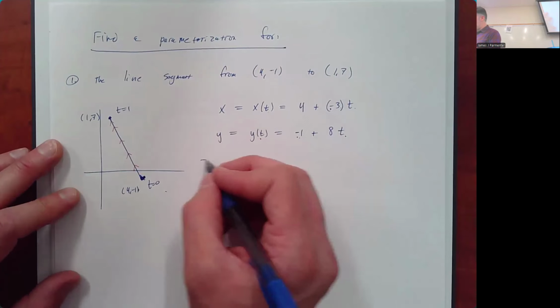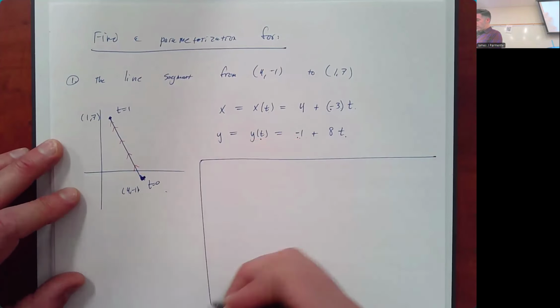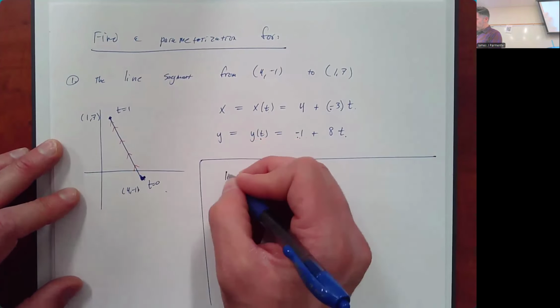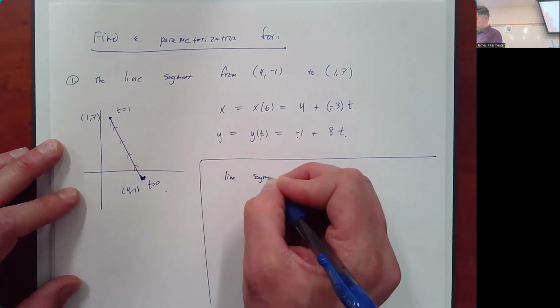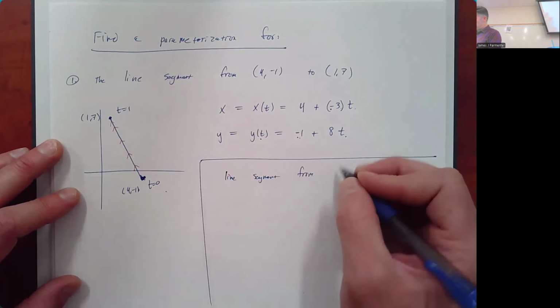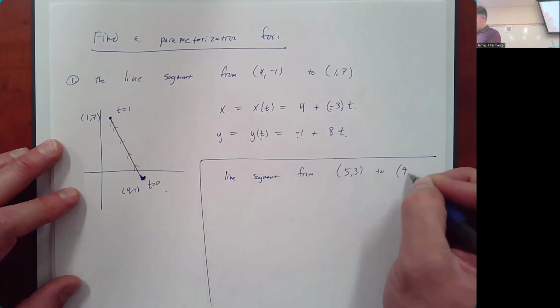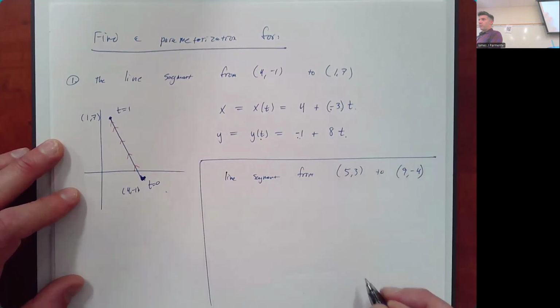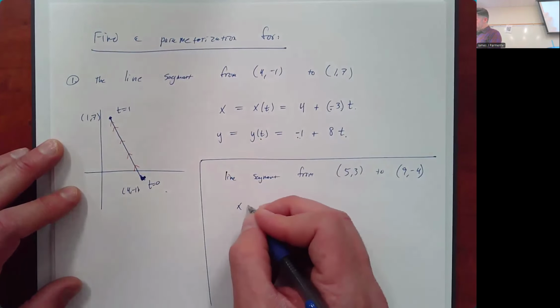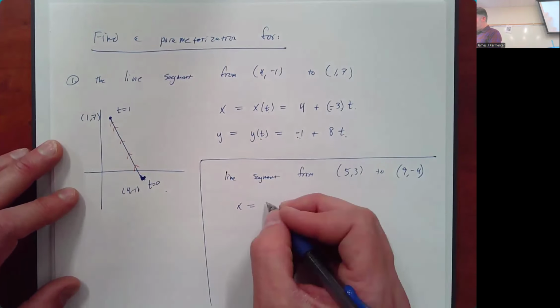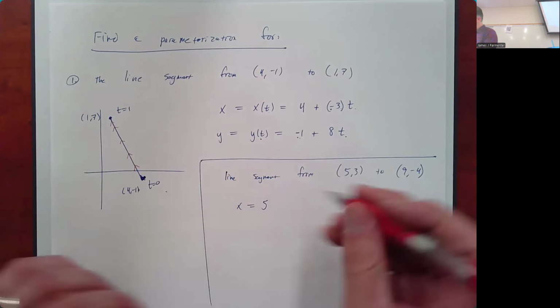In a very similar way, we can do the same thing for the line segment from (5, 3) to (9, -4). You say, well, great. I know that x is going to equal the initial value when time is equal to 0.